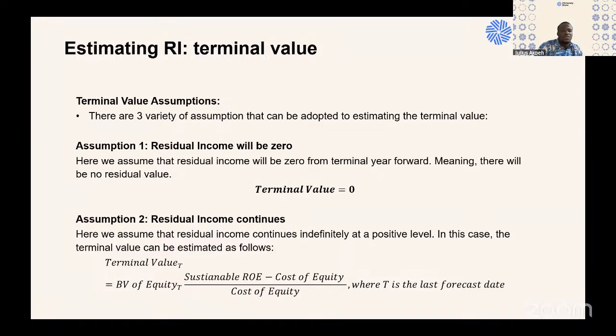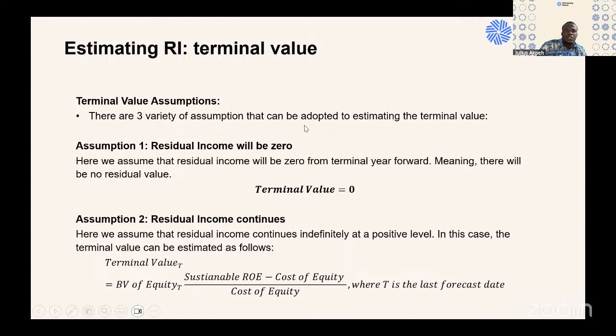The second one I talked about is that the residual income will continue indefinitely at a positive level. So in that case, when we want to come up with a terminal value, something else must be done. Because residual income is going to continue indefinitely, what do we do?